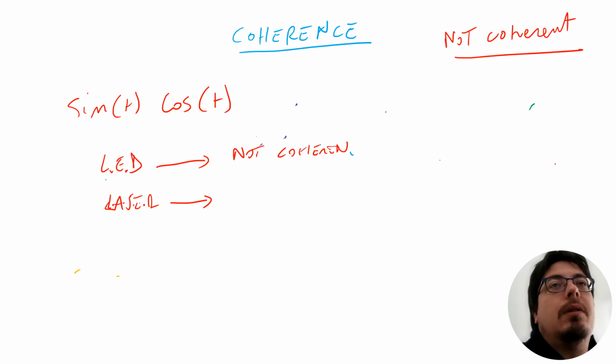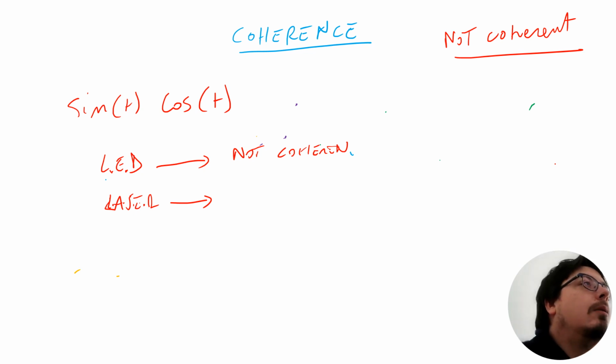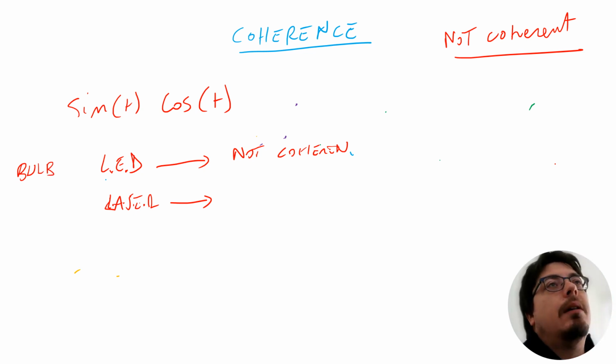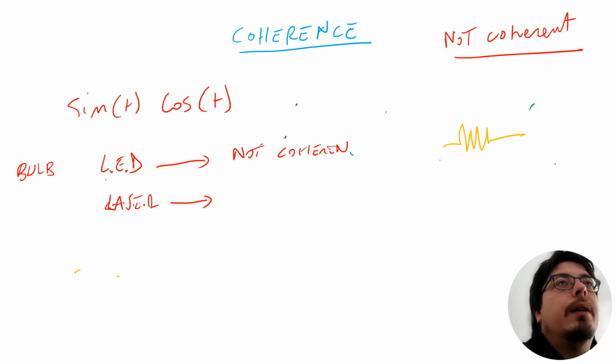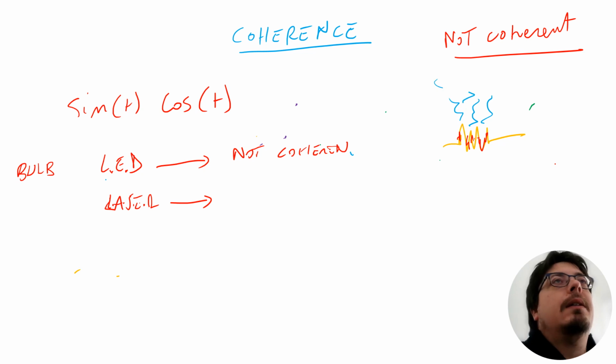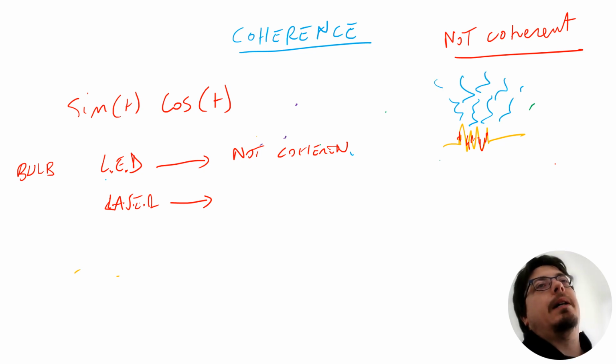Not as much as we want, and definitely the bulb light, or the bulb, which is just a piece of metal which is heated up, will be not coherent as well, because the emission of photons is random and depends on the temperature of the bulb, incandescent light, and the same applies to the phases.